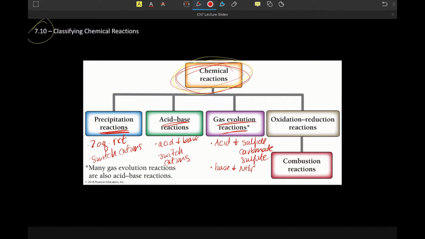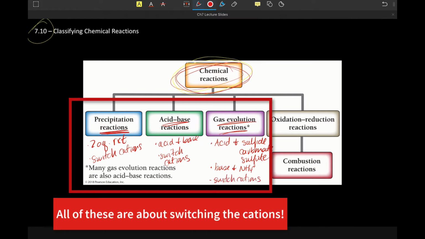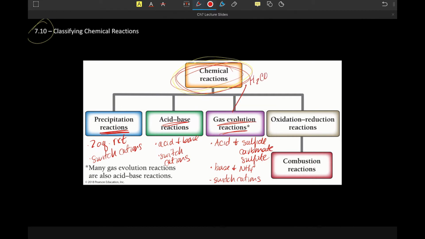And all of these, same principle, we are going to switch the cations. And again, bearing in mind that we have those special substances, where our H2CO3 and our H2SO3 both decompose to form water and the respective gas, either CO2 or SO2.